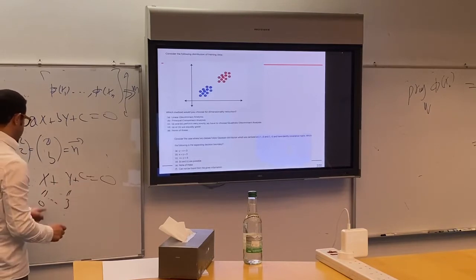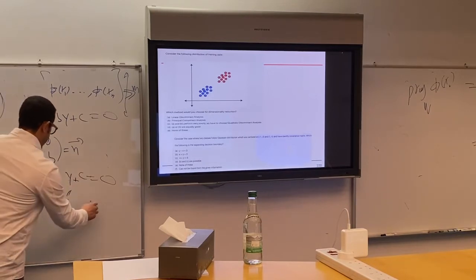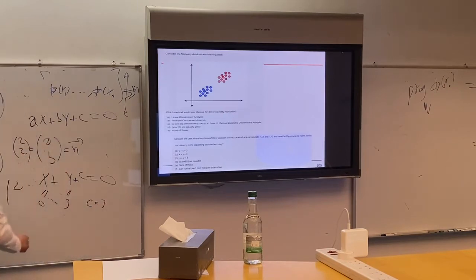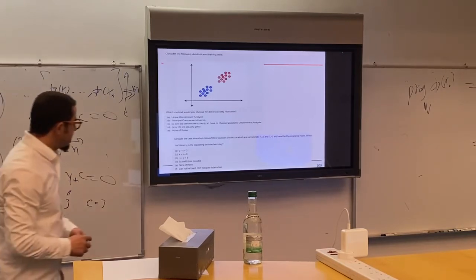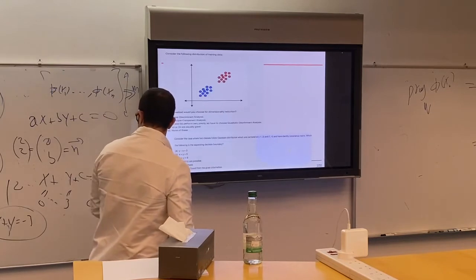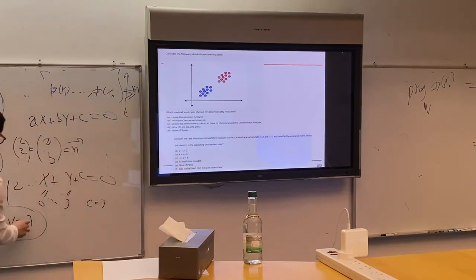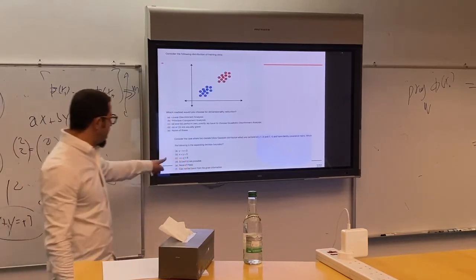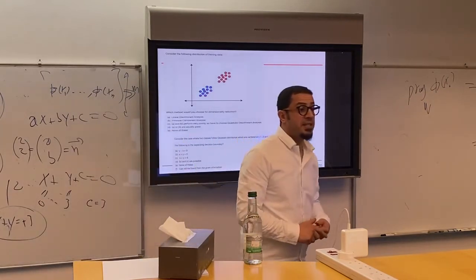So c should be? c is minus 3. So at the end, x plus y equals minus 3. Sorry, minus 3 should be plus 3: x plus y equals 3. Okay, so the answer is B.